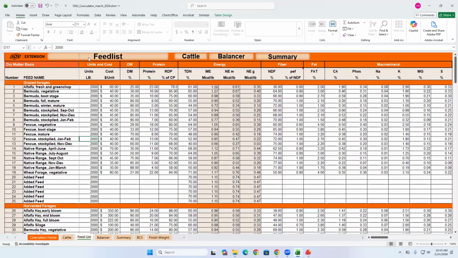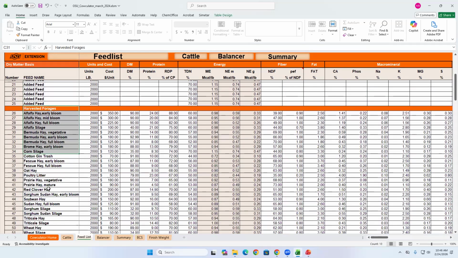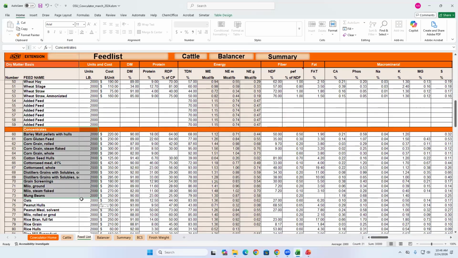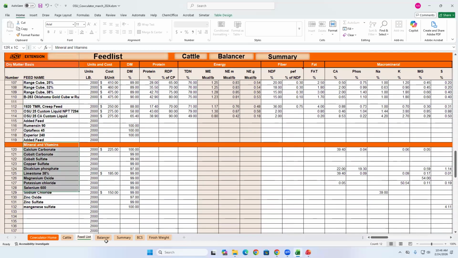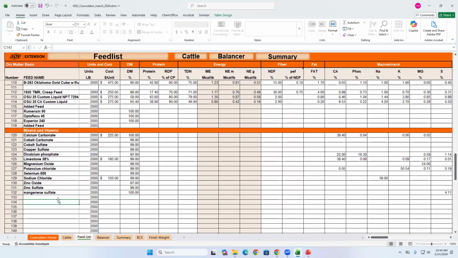All right. So it comes built in with a whole lot of different feed ingredients. So they're grouped up by grazed forages, harvested forages, concentrates, commercial feeds, minerals and vitamins. You can add new ingredients. So say you wanted to customize it to the quality of hay or whatever that you're feeding at your own place, which I would highly recommend, not really ever going off of book values, right?